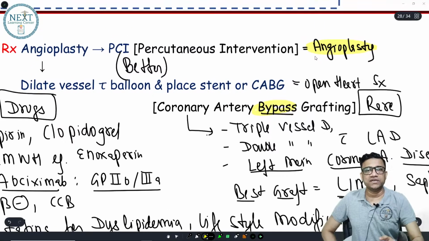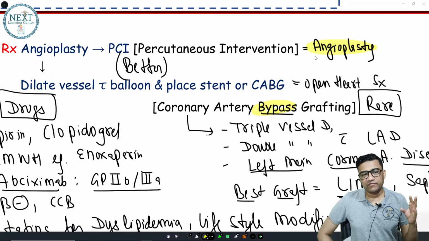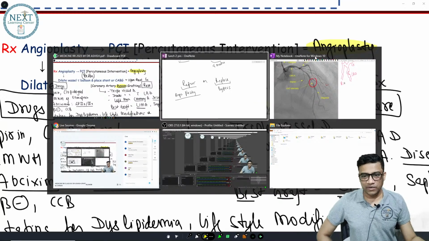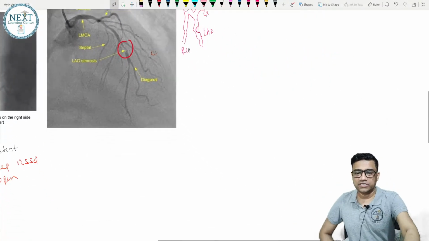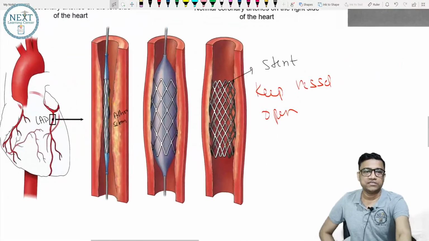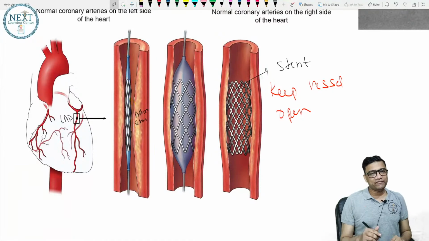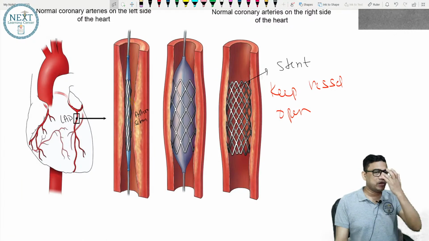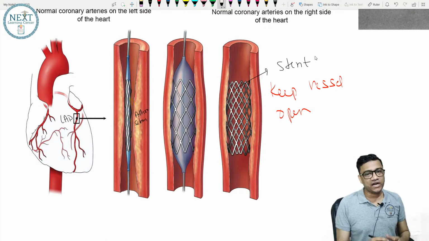So what is angioplasty? We dilate the vessel and you put a balloon via balloon and put a stent. This is called angioplasty. Let me show you angioplasty. You put a guide wire with a balloon, inflate the balloon. As the balloon is inflated, the artery will open.